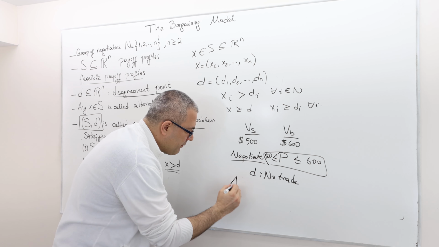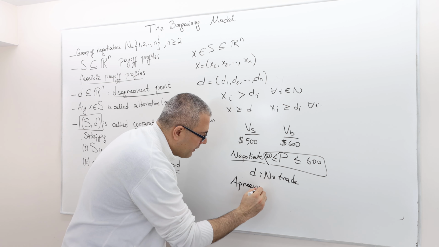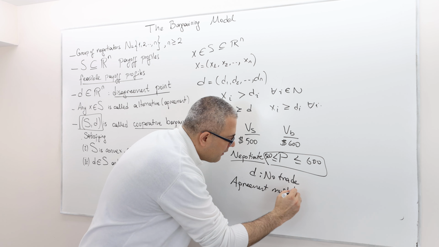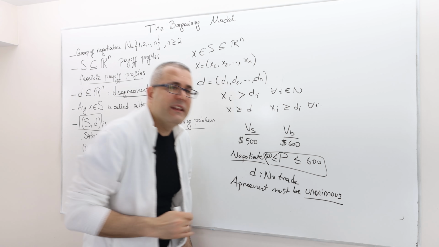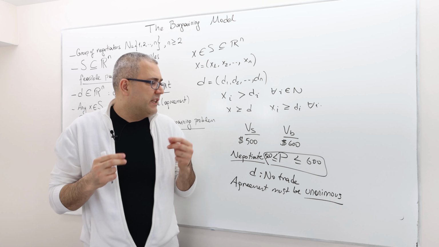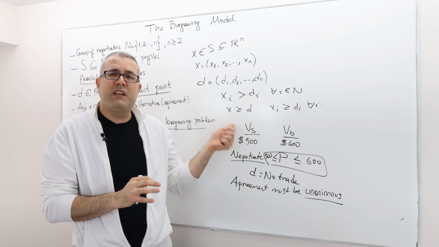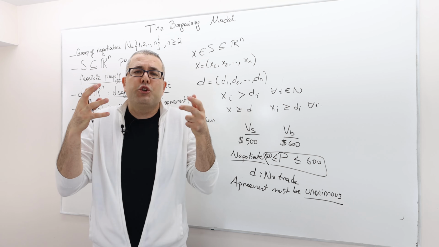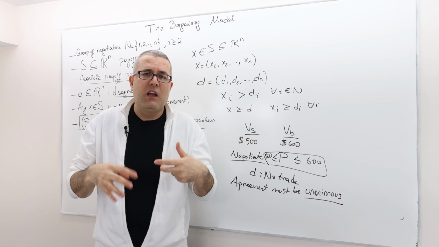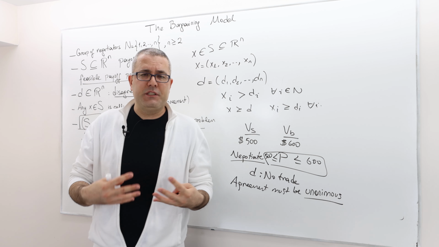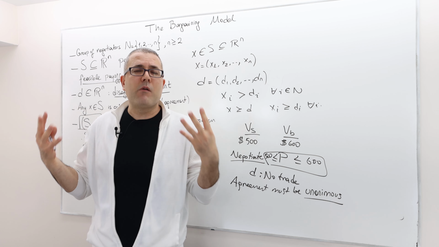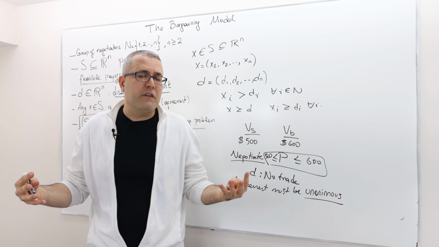So, what else? Another very important point is the following. The agreement must be unanimous. What does that mean? That means nobody can enforce a price on the seller or the buyer. They should both accept that price. All right? So whatever the type of negotiation they do, let's say they come up with the price 550.